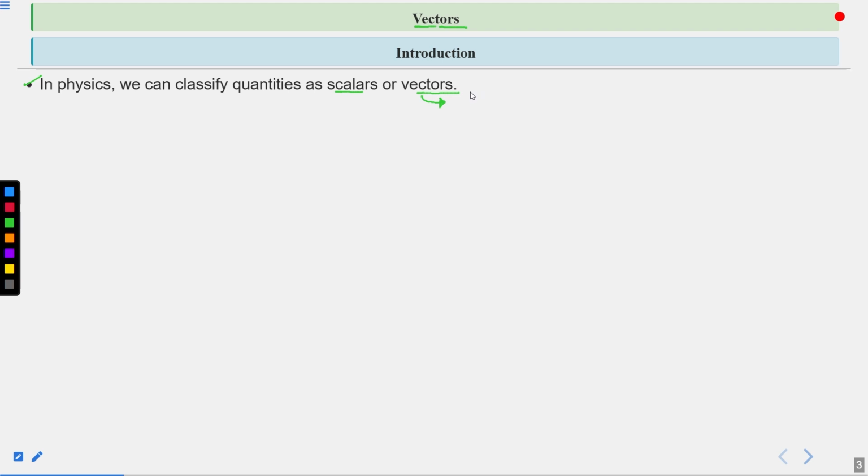Suppose a car is moving at 10 kilometer per hour. Here the speed of the car is 10 kilometer per hour. But if the car moves 10 kilometer per hour in the east direction, it shows the velocity, and velocity is a vector quantity. So it has both magnitude and direction. So it is a vector. Clear?